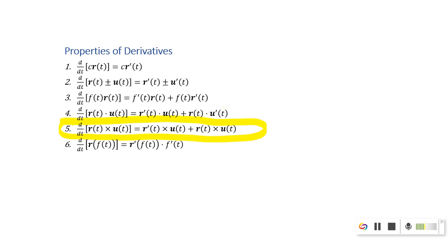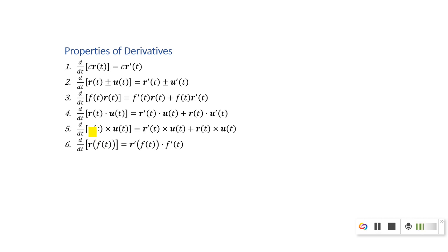But with cross products, the order does matter, so you want to make sure that if you're applying this property, this product rule, whatever is first in your cross product has to be the first thing in the cross products in the product rule. So just make sure you keep the order consistent throughout this property.